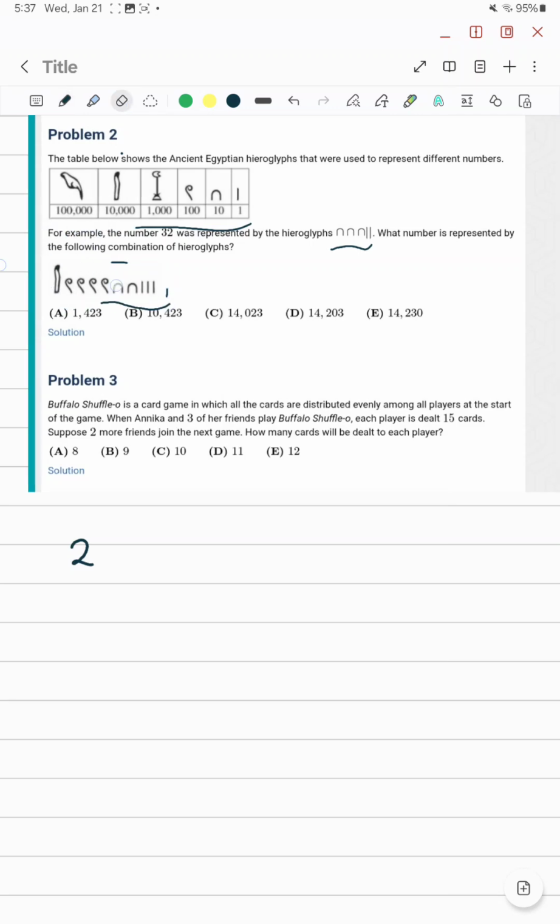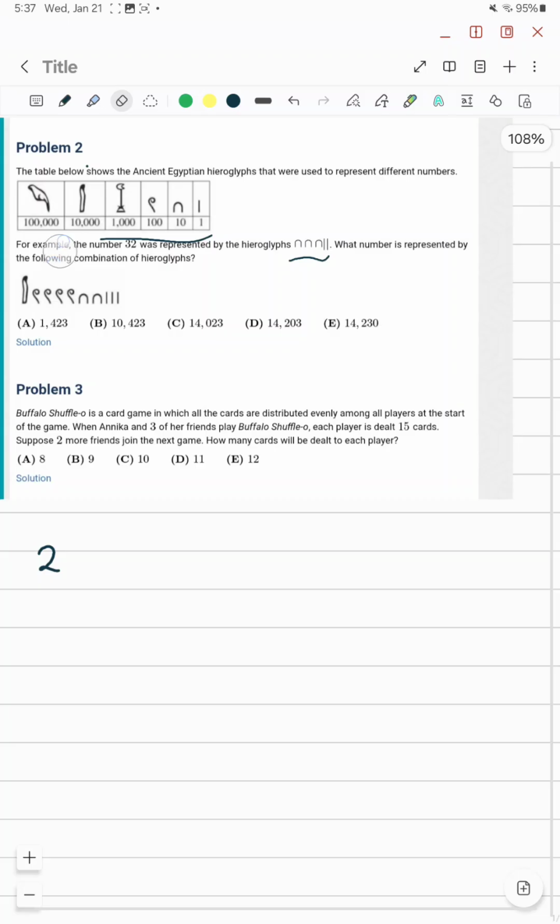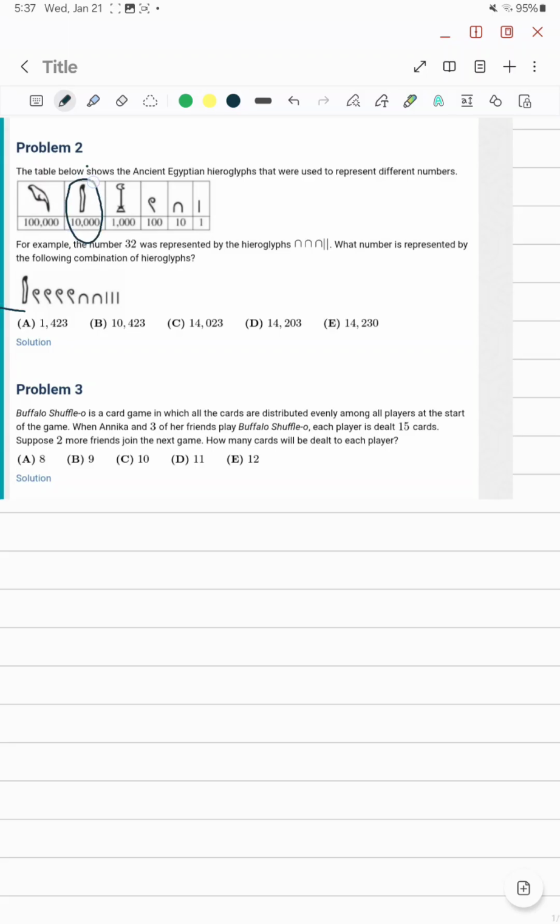Okay. So this is a pretty simple problem. We just have to decipher the hieroglyphs. So let's get started. The first one is this penguin-like looking thing. And that is this one, which is 10,000. So 10,000. And then we have these 4 peculiar spiral almost thingies. And that is represented by this right here.